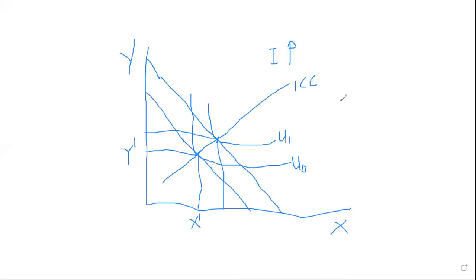Right? Now you can vary it. Let's say when X is an inferior and Y is a normal good. So when X is an inferior and Y is a normal good, let's see what can be done.